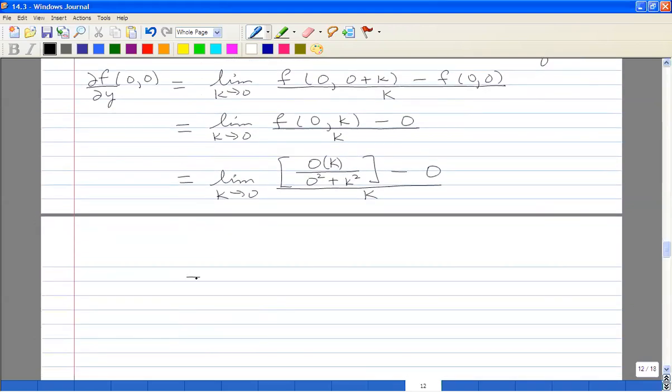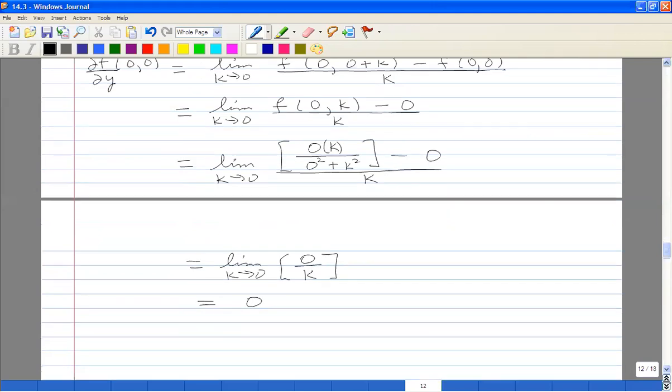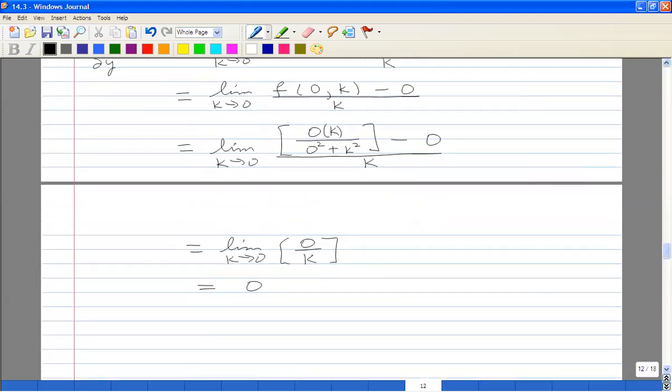So this is the limit as k approaches 0 of 0 over k, which is 0. So I've shown that both partial derivatives exist and they're equal to 0.